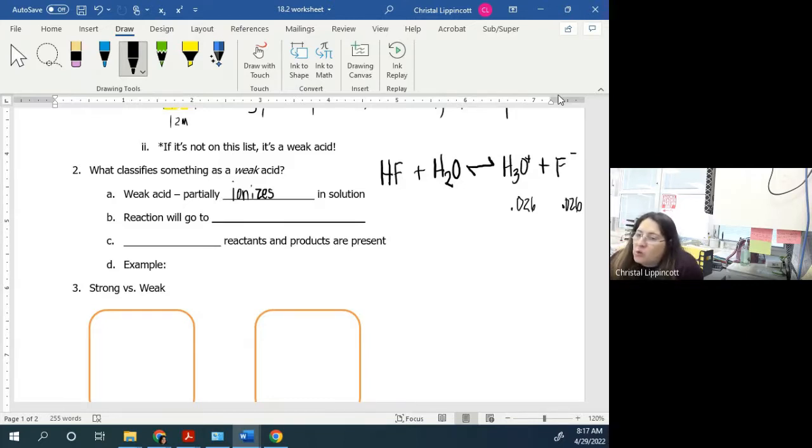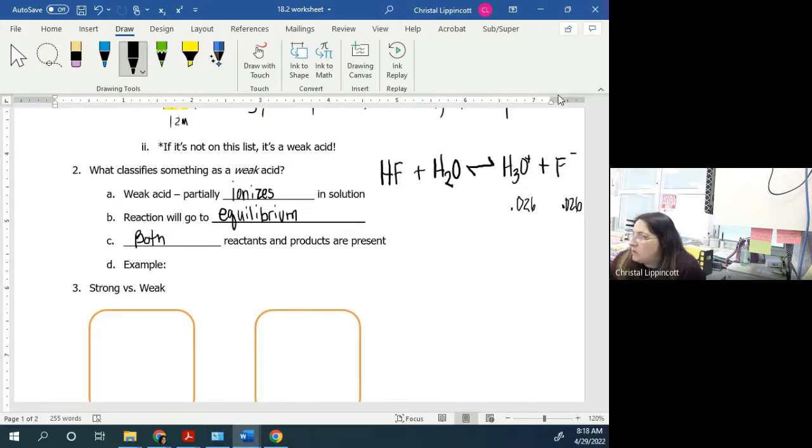All right. So the reaction will go to what's called equilibrium. And we know that it's in equilibrium because we see this backwards and forwards arrow here. The other ones go to completion. This goes to equilibrium. Both reactants and products are present in this situation with a weak acid.